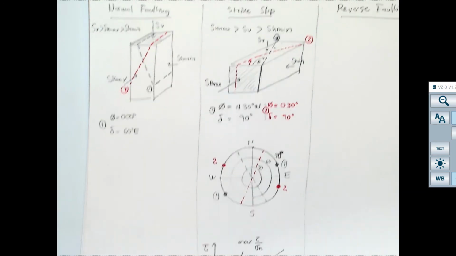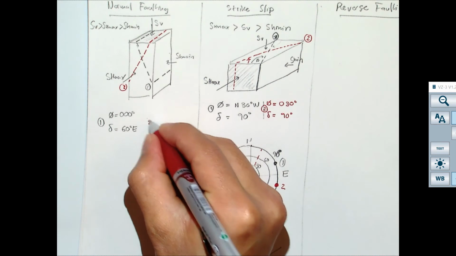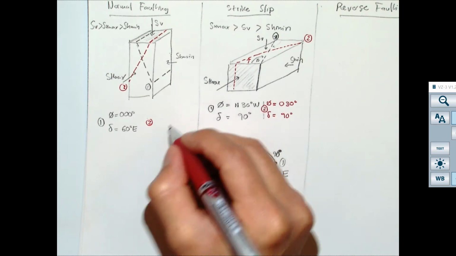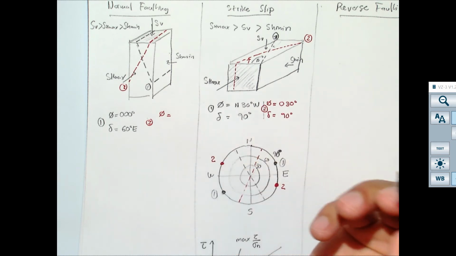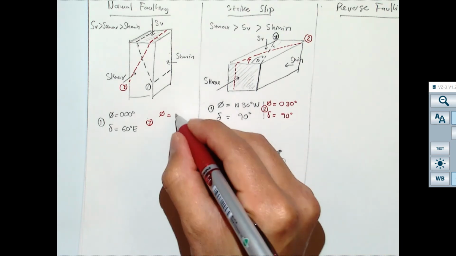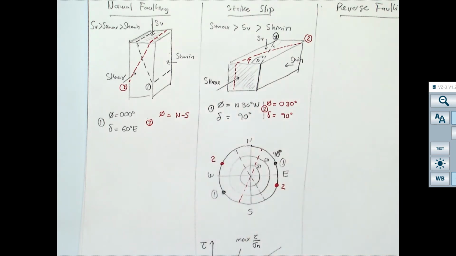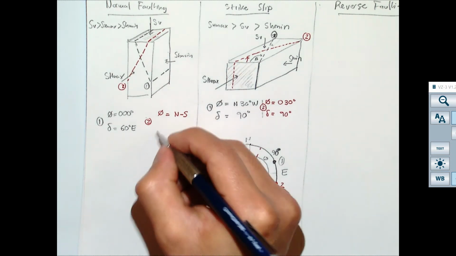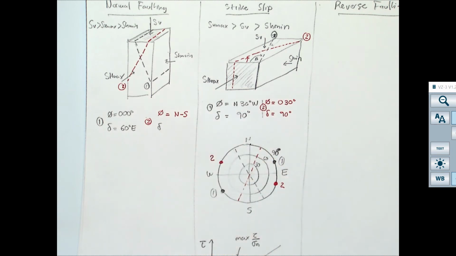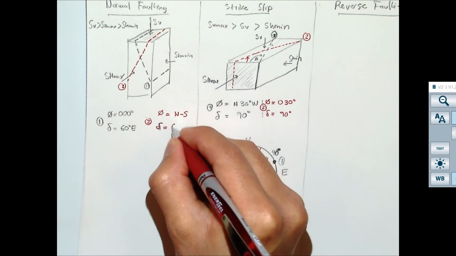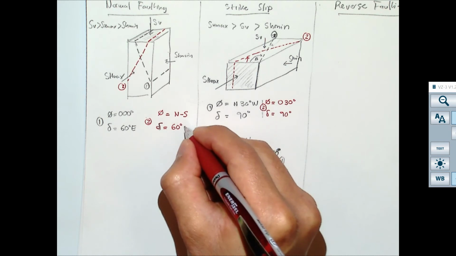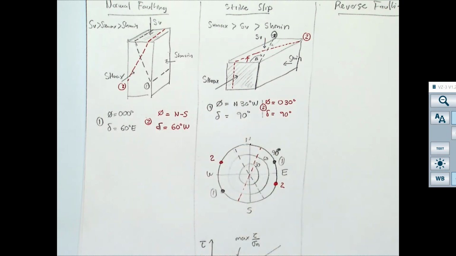And plane number 2 is also going to be 0 degrees. You could also sometimes say that this is going north-south, and the dip for this one is going to be also 60 degrees, but in this case west.